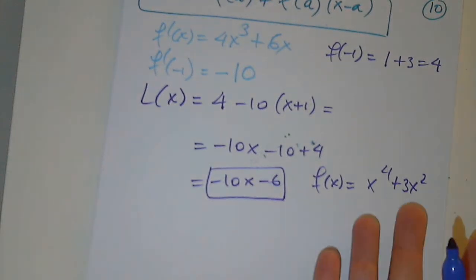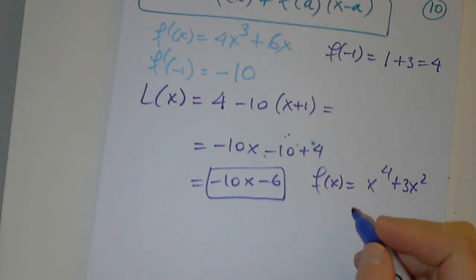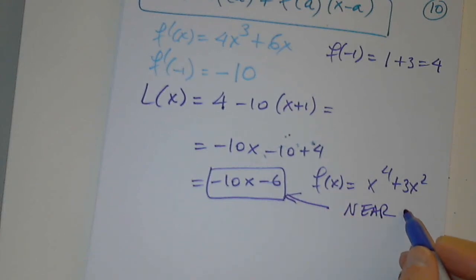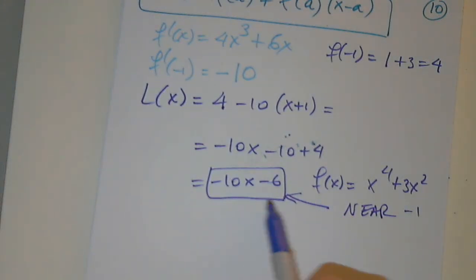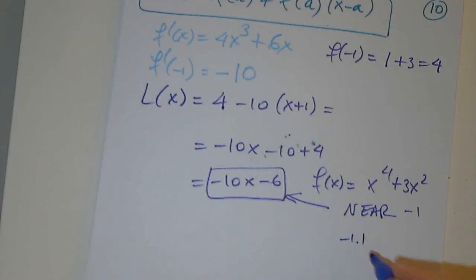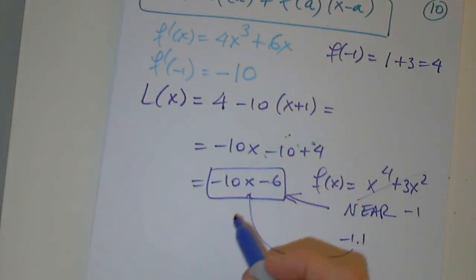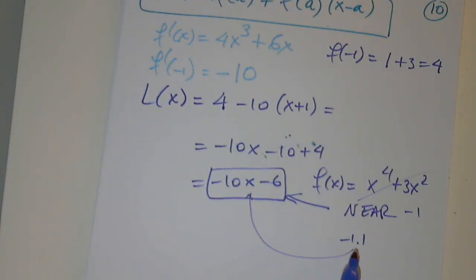If you want to evaluate this function near -1, say for -1.1, and you're happy with some minor error, you will not use this. You will plug it in here. -10 times -1.1 will be +11. +11 minus 6 will be 5.